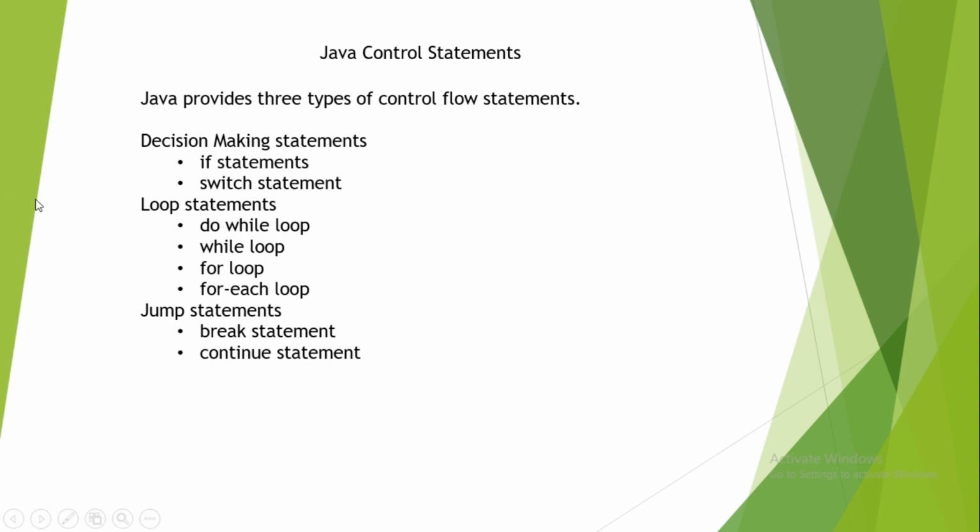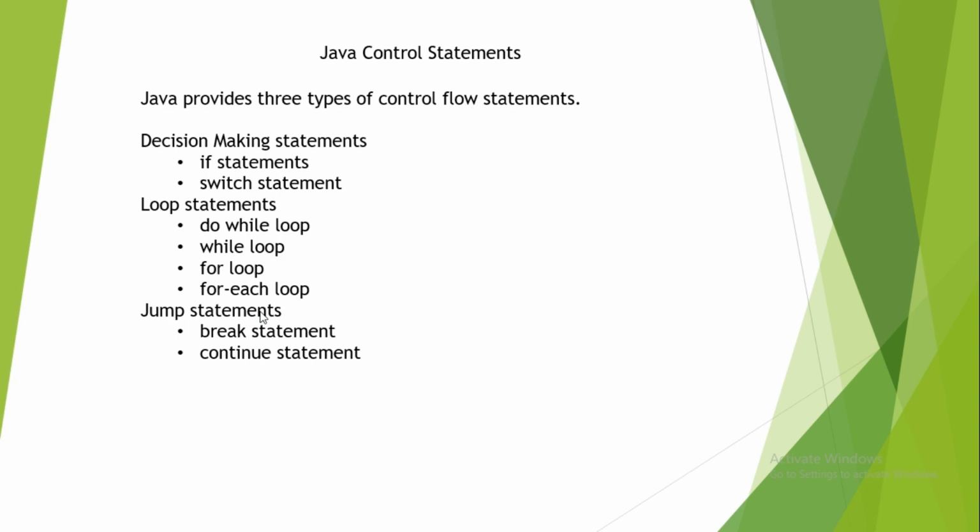If you take the loop statements, it will help us repeat the same task multiple times. There are four types: for loop, while loop, do while loop, and for each loop. Next, jump statements. There are two types: break statement and continue statement.